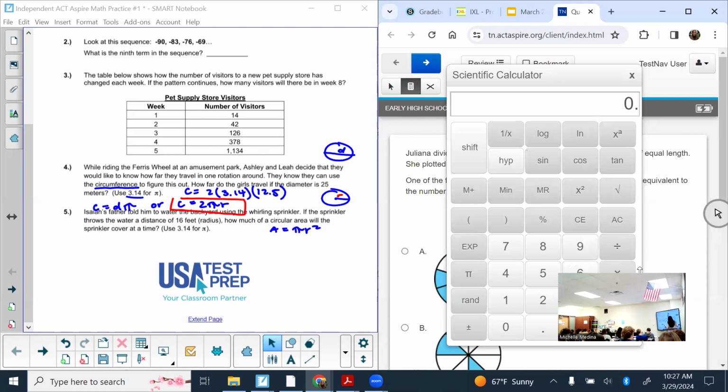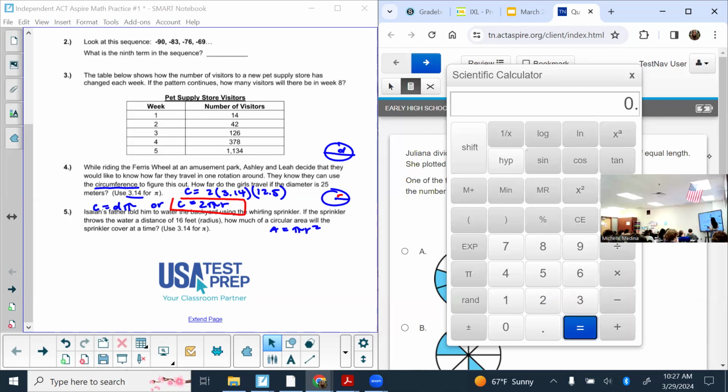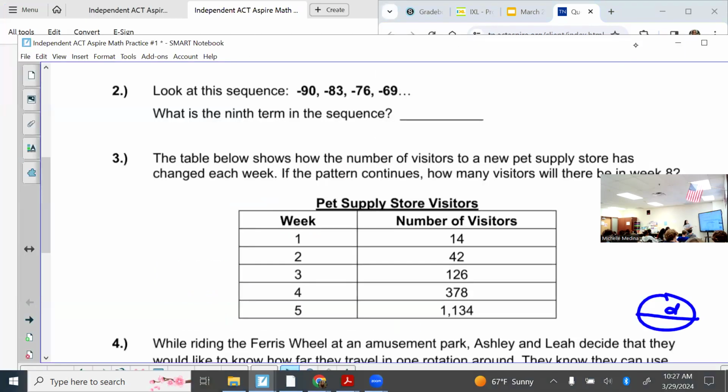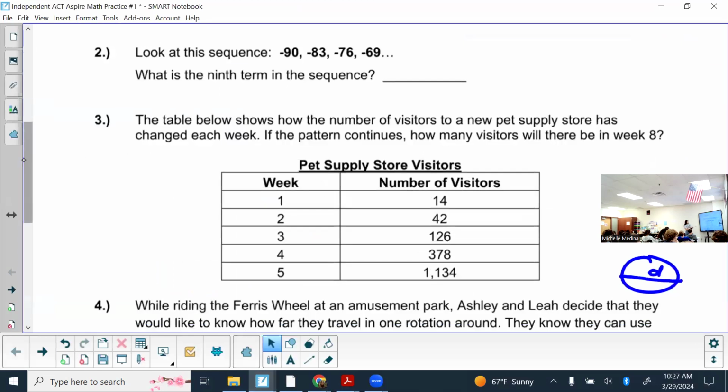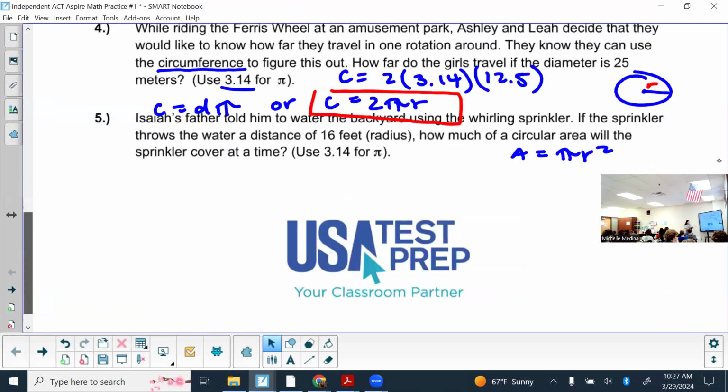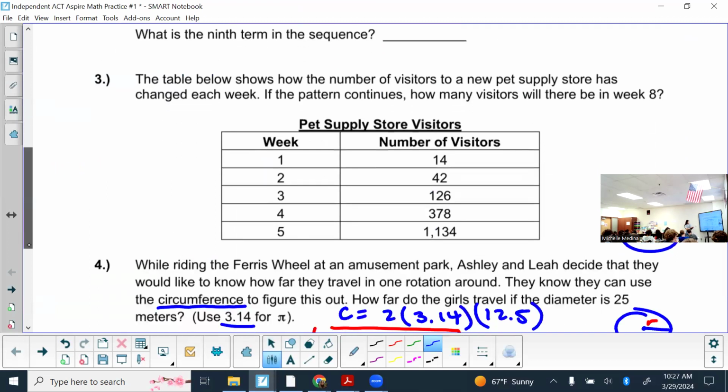So, 2 times 3.14 times 12.5 equals, and that's like 78. Okay. Questions on this one? 78.5 meters and not squared because we're just talking about perimeter, not area.